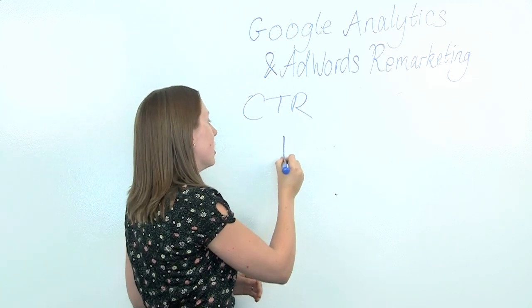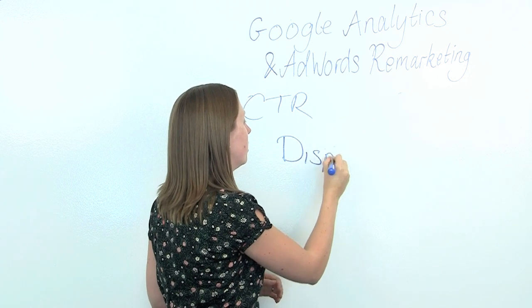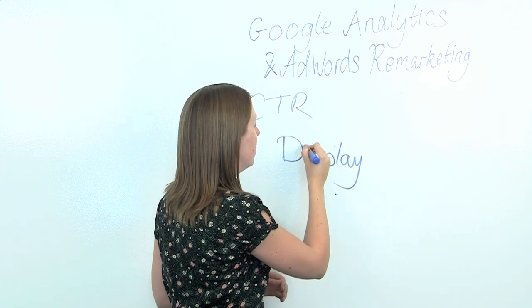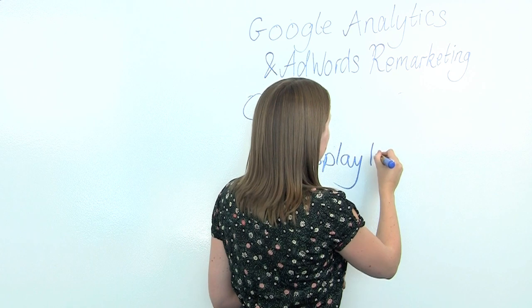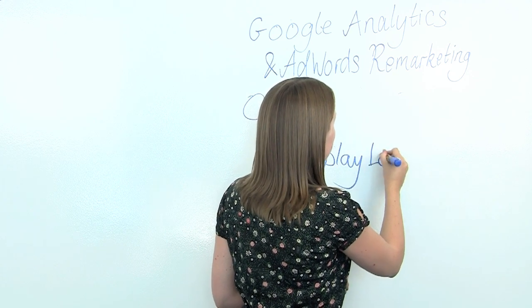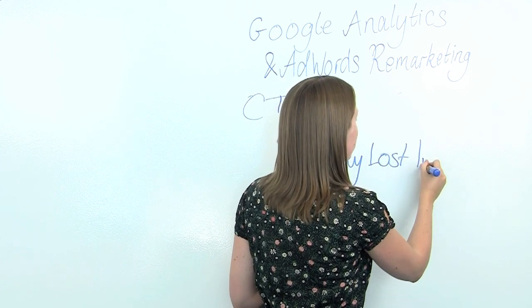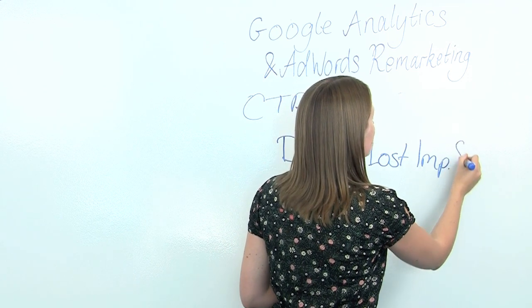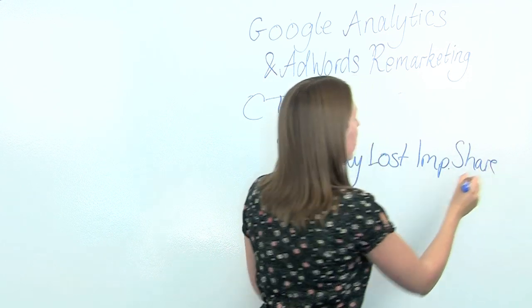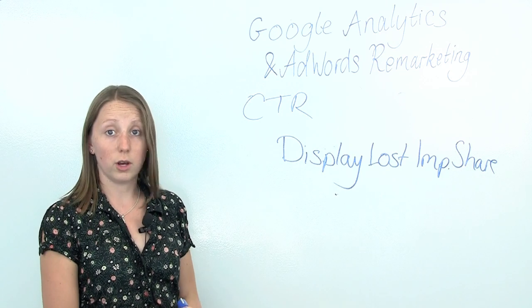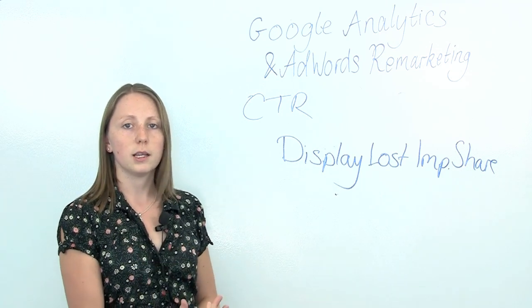So the big one really is display lost impression share. Impression share is how many of the impressions that you're eligible for you've actually been able to get.